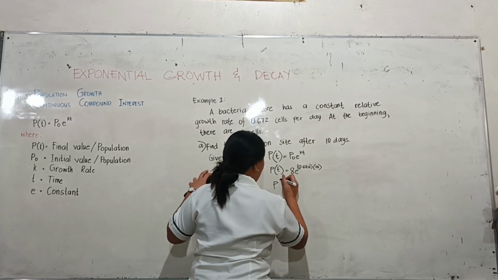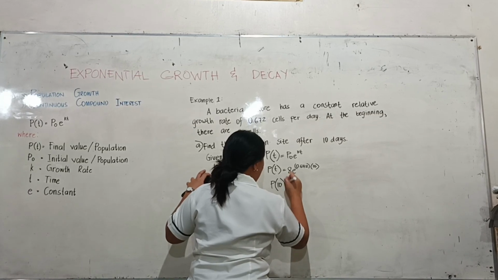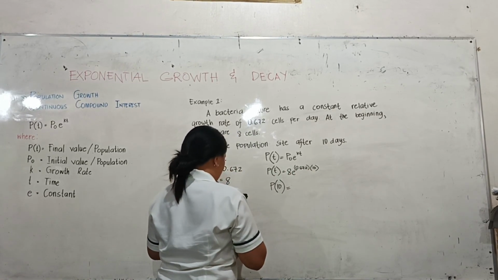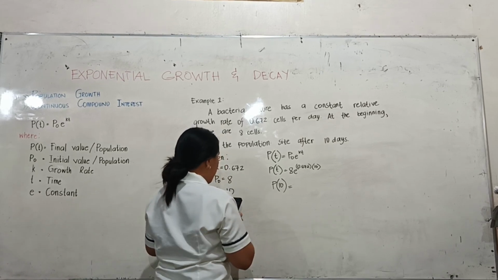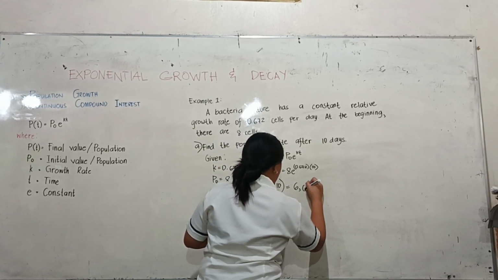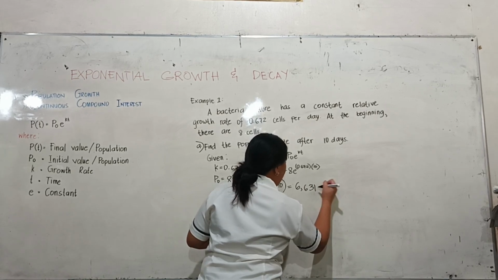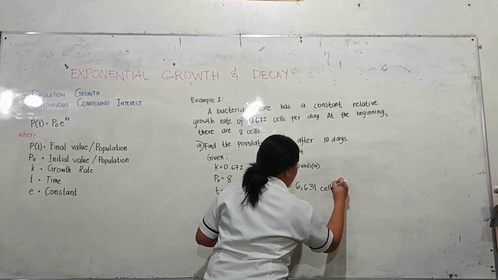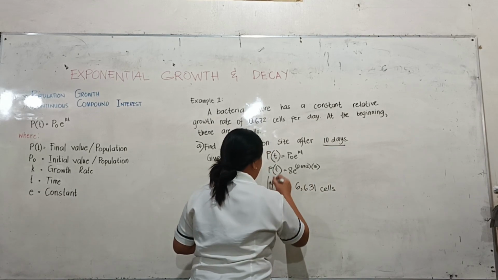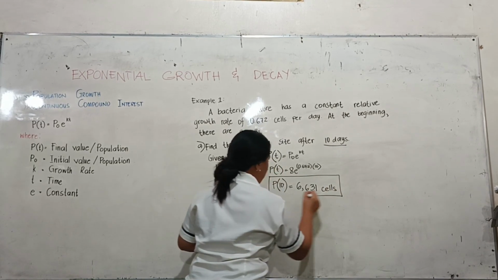So we're going to calculate this. Our final answer is 6,631 cells after 10 days. So this is our final answer.